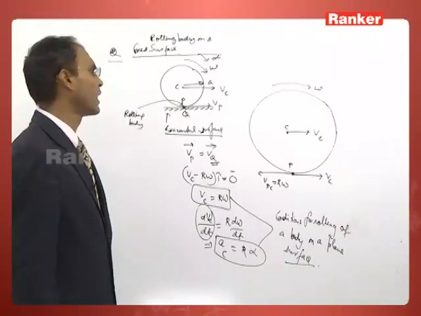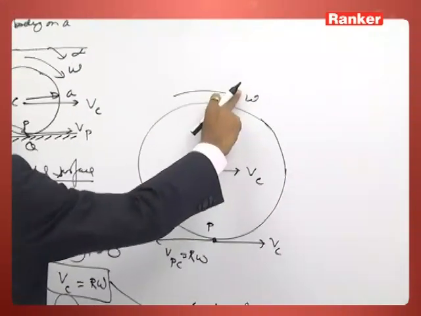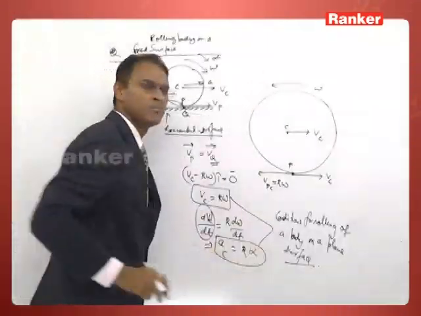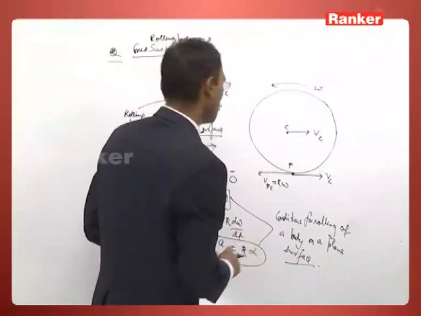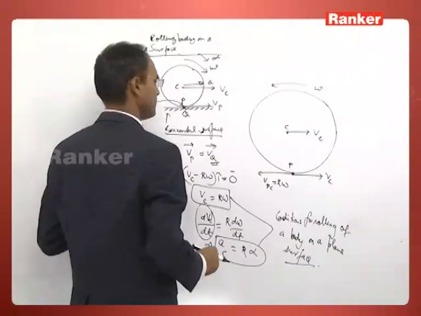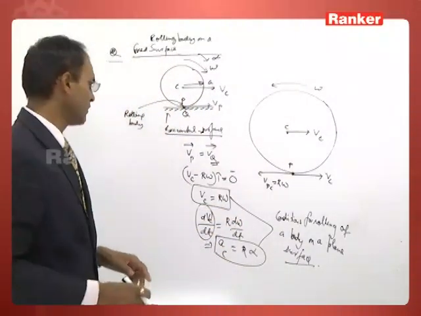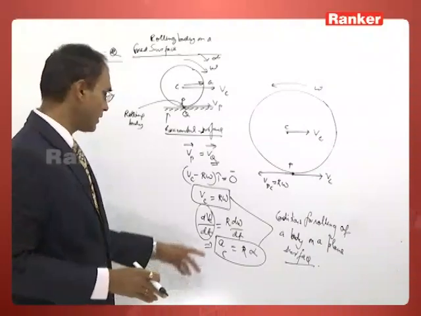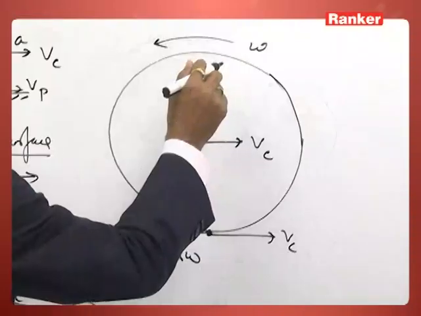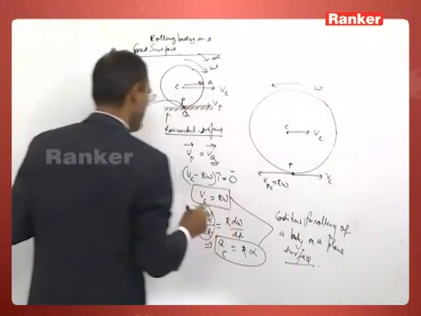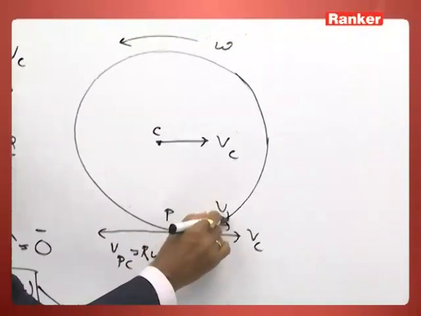If we just twist the problem by giving the opposite spin, or anticlockwise spin, then what is the condition for rolling? You cannot write Vc equal R omega or Ac equal R alpha. For this, the velocity of the point P with respect to C will be in this direction.